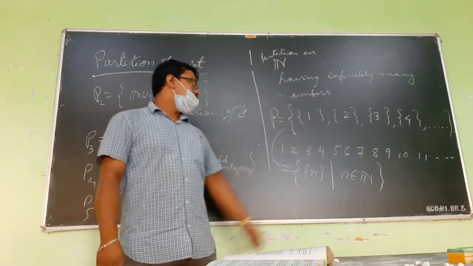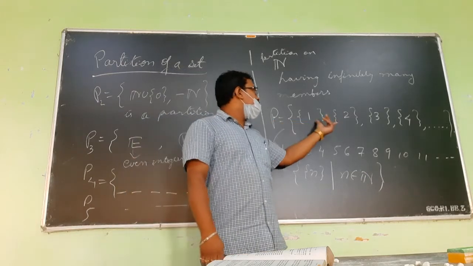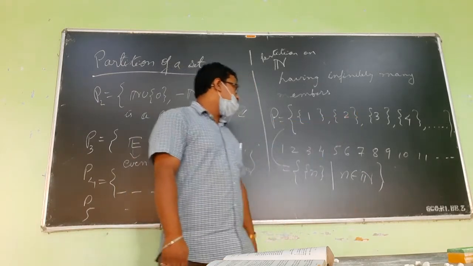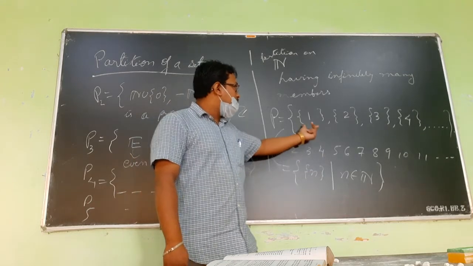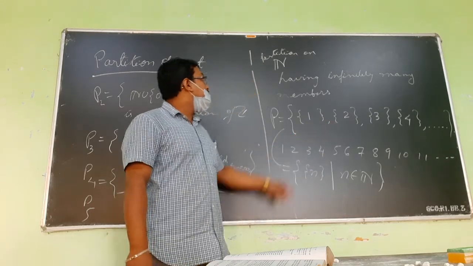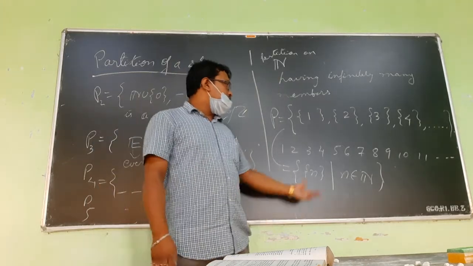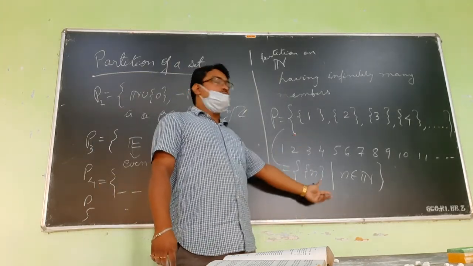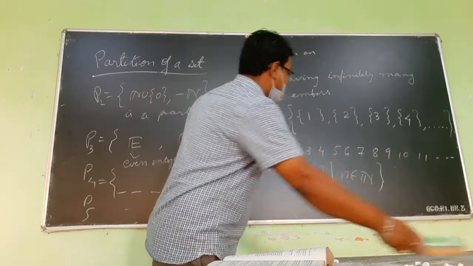Okay, very simple. So this is a partition in which there is nothing common between them because each of them is a different natural number. Okay. And if you take the union of all singleton sets of a set, then you get the set itself. So this is one. So given any infinite set, you can always take this partition. Okay. Singletons always give partitions.